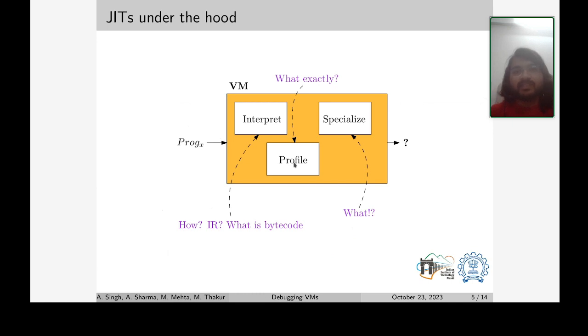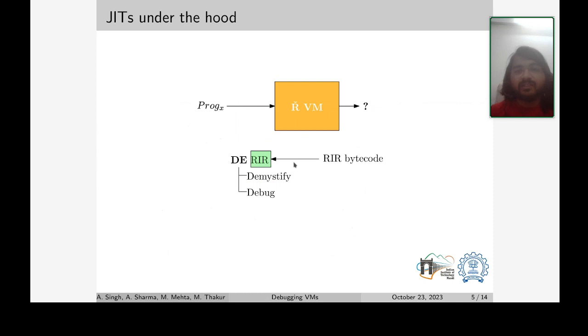And profiling, what exactly does the VM profile, and is there something that the user can do to write better code? And specialization is something that many VMs do to generate code on the fly for specialized use cases. And these are the aspects that this work focuses on.